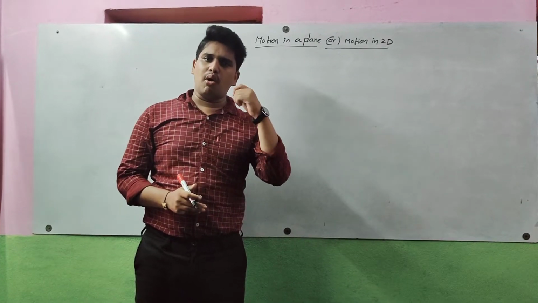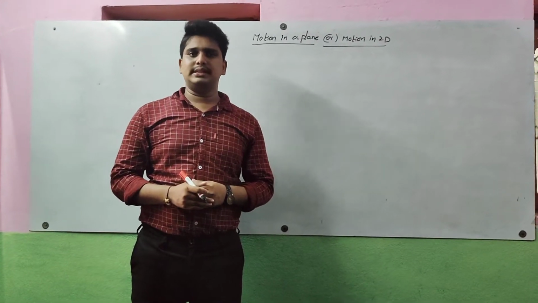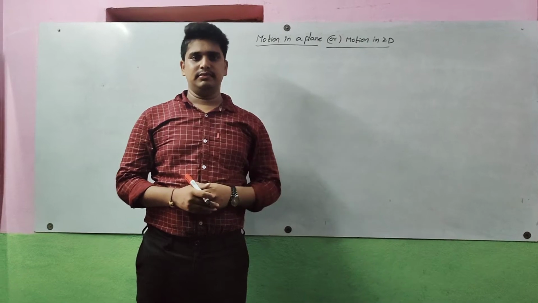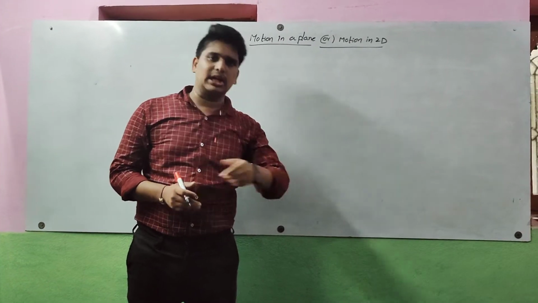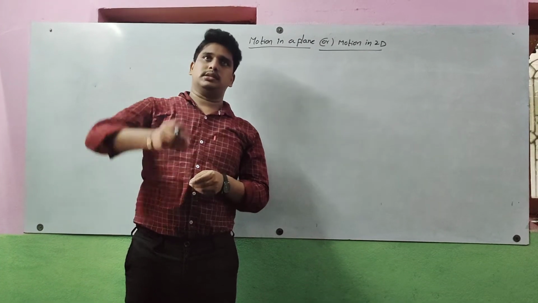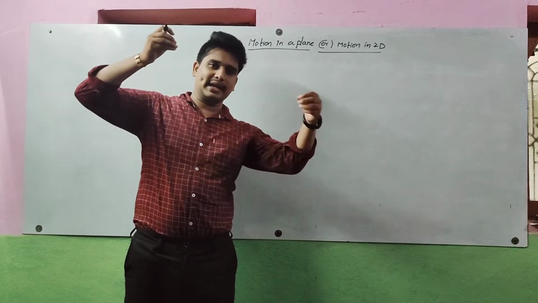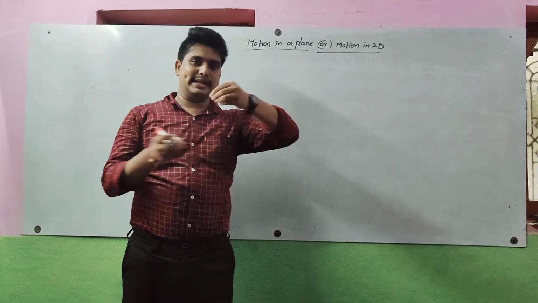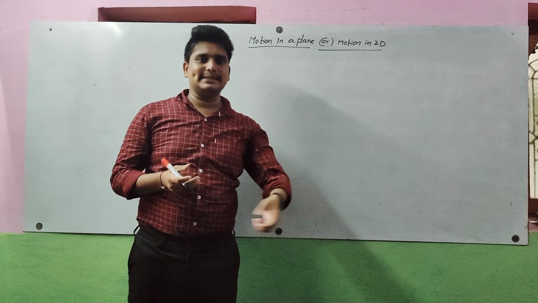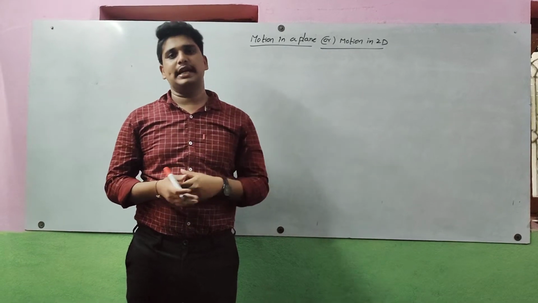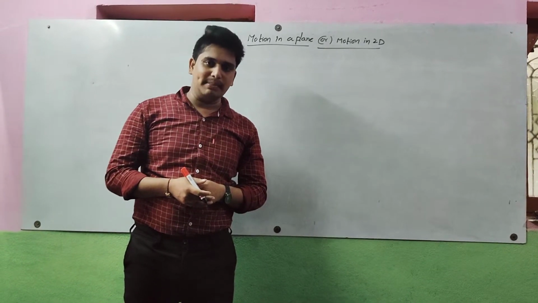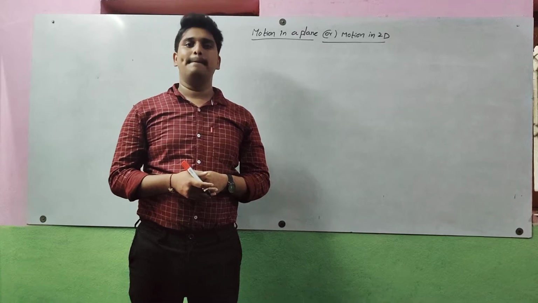If any body is projected at a certain angle, it makes a certain angle with the ground. It moves in two directions, x-axis and y-axis, y-axis and z-axis, or z-axis and x-axis. That motion is said to be motion in two dimension or motion in a plane.